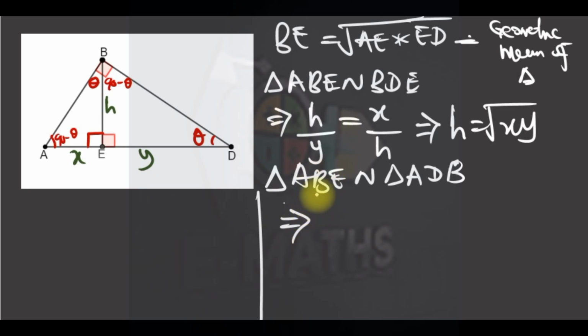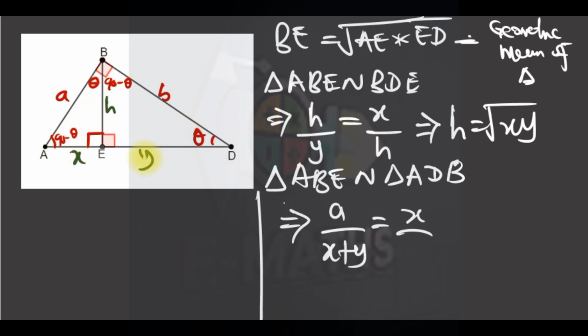Let's call these A and B. You can see that A of this small triangle is opposite 90, while X plus Y of the big triangle is opposite 90, and X of this small triangle is opposite theta.